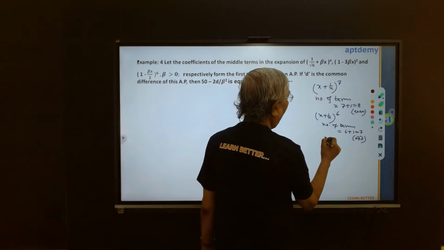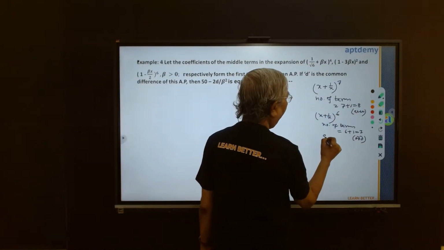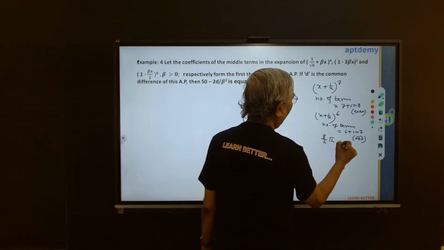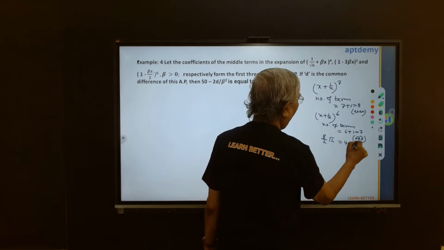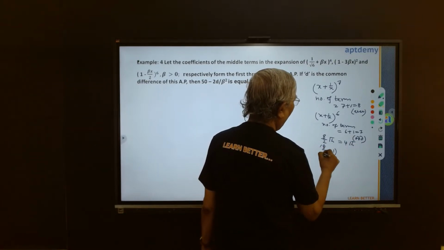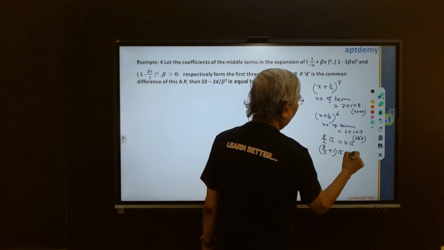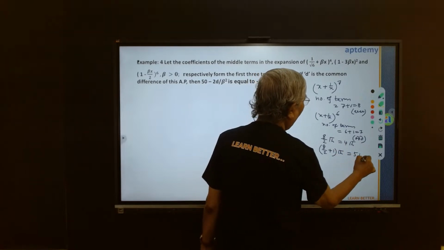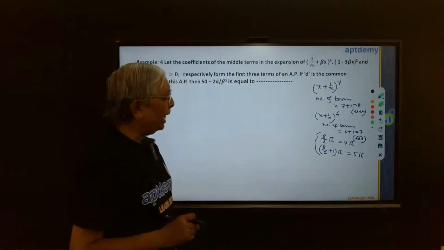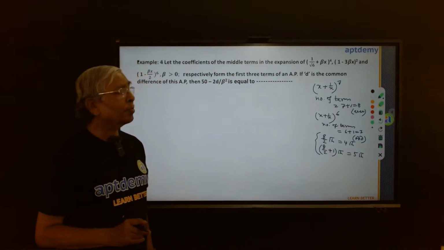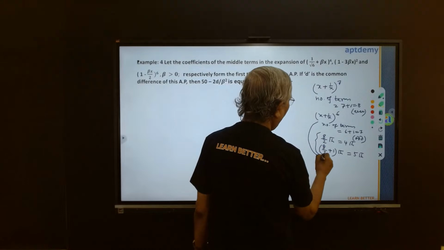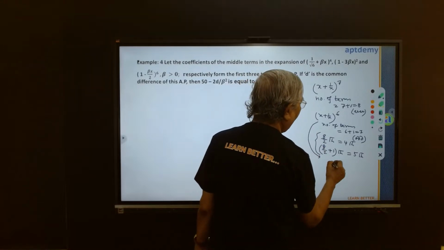What are the middle terms? One middle term will be number of terms by 2, that is the fourth term. This is one middle term, and another is the 8 by 2 plus 1st term. So if the number of terms is even, we have two middle terms: one is the fourth term and another is the fifth term. But in case of an odd number of terms, which will be the middle term?